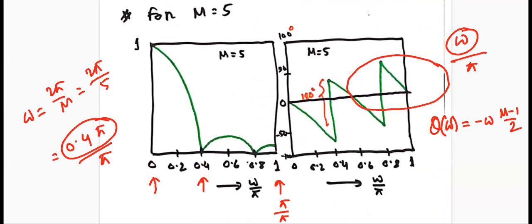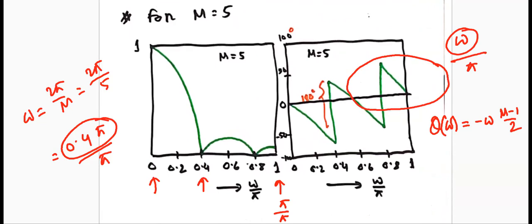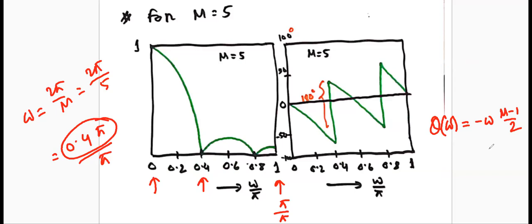Okay, we are at this point. Let me erase this part. Now for omega, what should be the first value? The omega is definitely 0. This is a linear equation, where you can write minus omega times, what is the value of m?